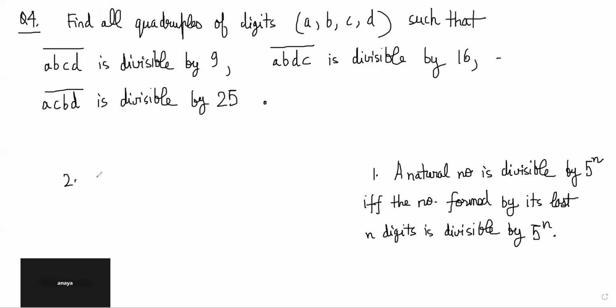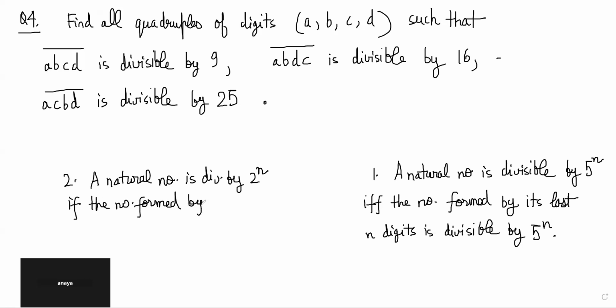And a similar property exists for 2 power n. A natural number is divisible by 2 power n if the number formed by its last n digits is divisible by 2 power n.